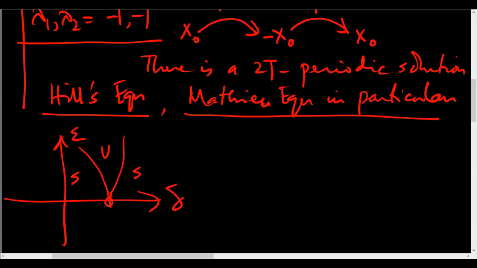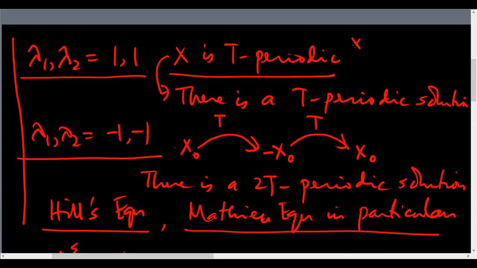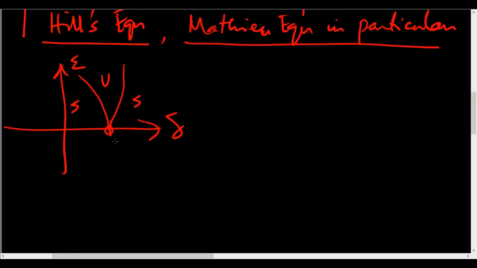So over here, for example, when the forcing frequency is twice the natural frequency, when we are looking at this equation, x double dot plus (delta plus epsilon cos t) x equals 0, the forcing frequency is 1, that means natural frequency should be half. So for example, over here delta equals 1/4, we know that there is an unstable region here, right?